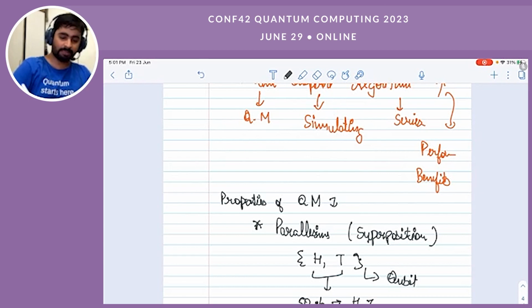So we can say this particular coin right now is in a state of parallelism, in a state of superposition. It's equally likely to be heads, equally likely to be tails.